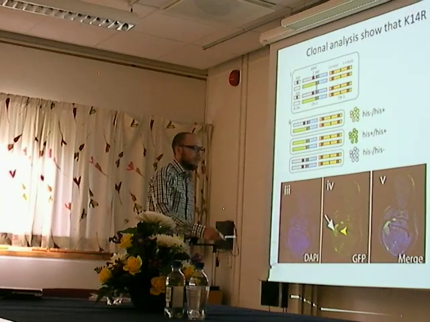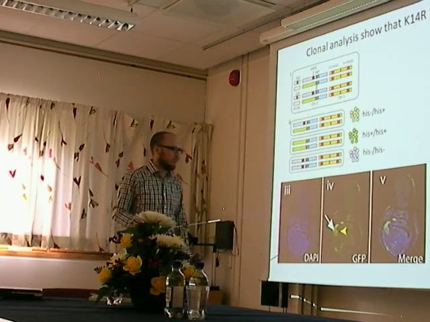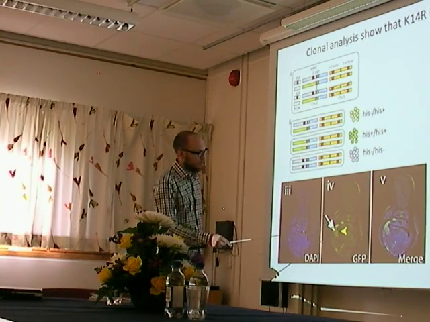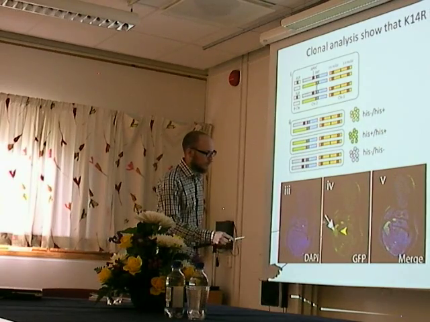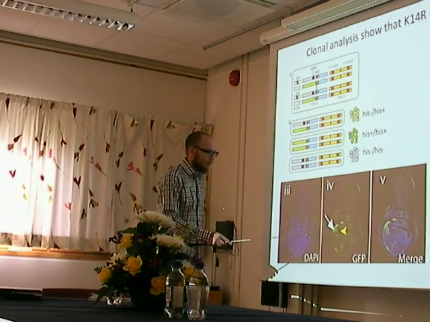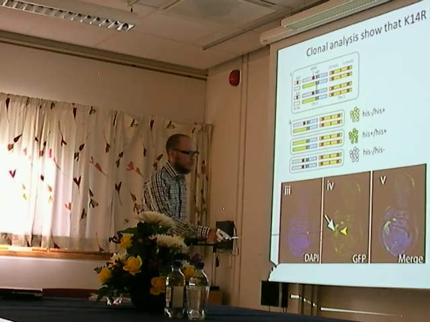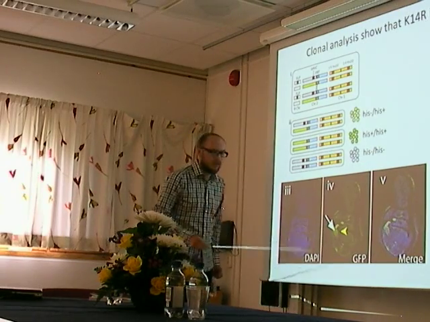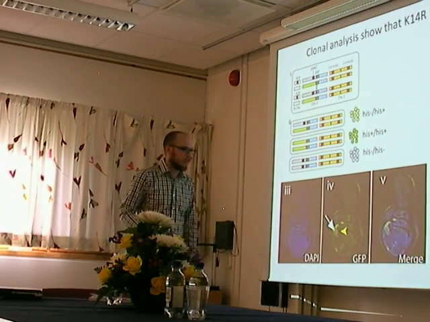This is a tissue that later in the adult flies are the wings. Here we can see a twin spot where we induced a mitotic recombination event, which has led to proliferation of many cells. Here we have control cells, and next to them are cells that lack wild-type histones and only have the replaced histones.